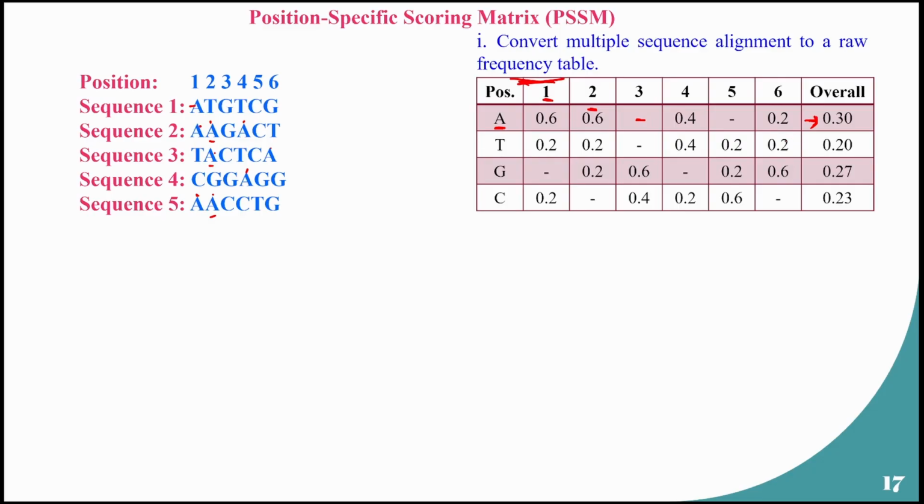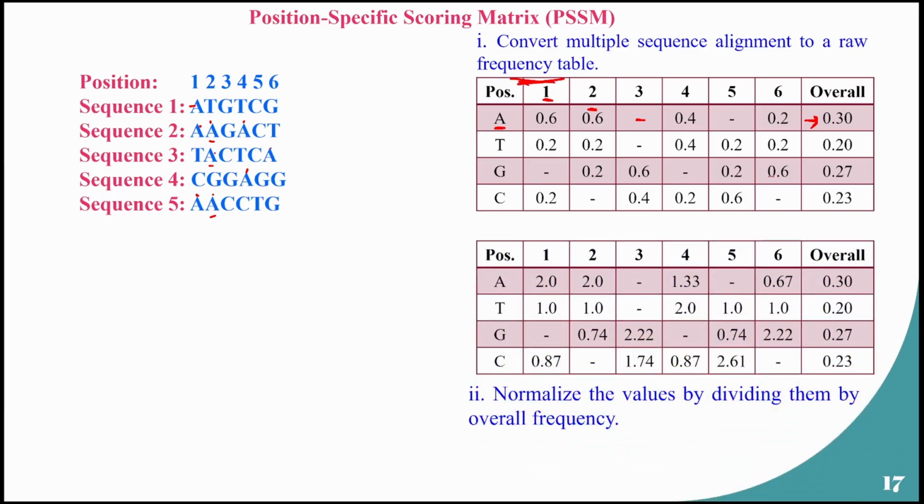And so now you have this raw frequency table information. Now you have to normalize these position specific scores by dividing them by the overall frequency value. That's the purpose of this overall calculation here. So now you do 0.6 divided by 0.3. For example, in this particular cell you get 2.0, 0.6 divided by 0.3.